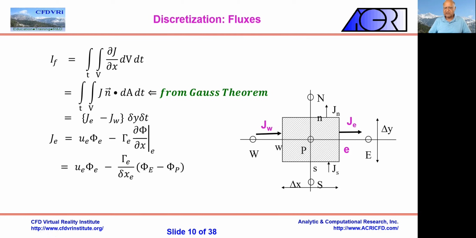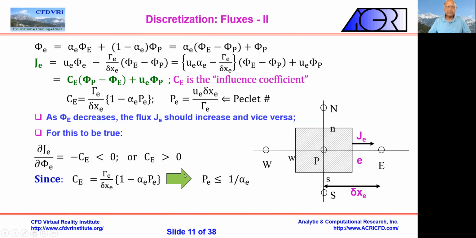Similarly, the diffusive flux is the diffusivity at that surface E and the gradient that determines that. Now the gradient we can easily write as phi E minus phi P over delta X E, which is the distance between these two points, right? So this is the flux and we get that.